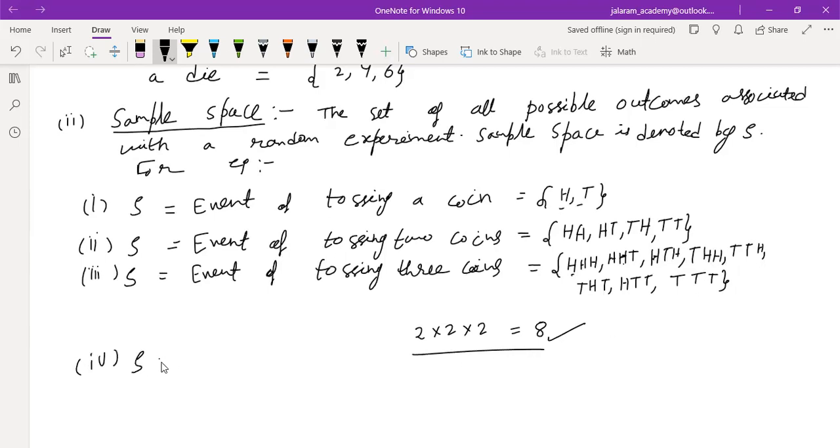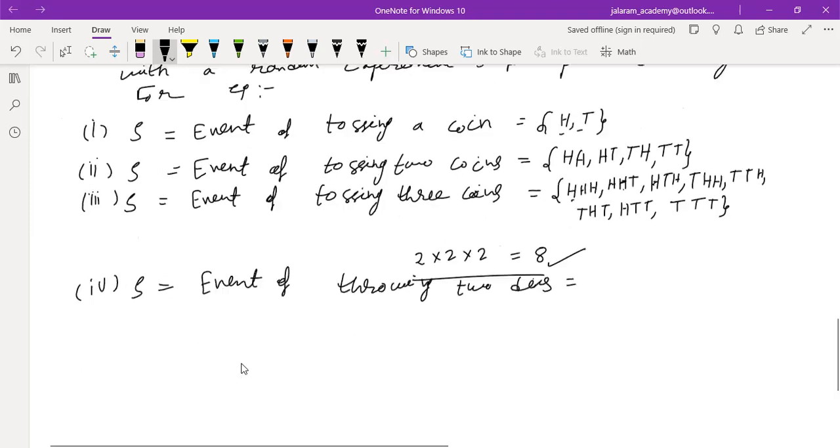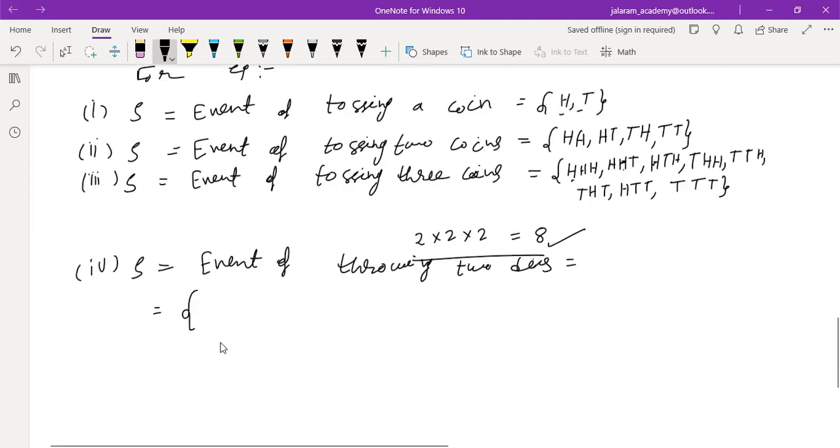Okay. One more. If we write the event of throwing 2 dice. Event of throwing 2 dice. So how many possible outcomes will be there? First die has 6, second also has 6, and the first and second are both thrown together. So the total number of outcomes will be how many? 36.